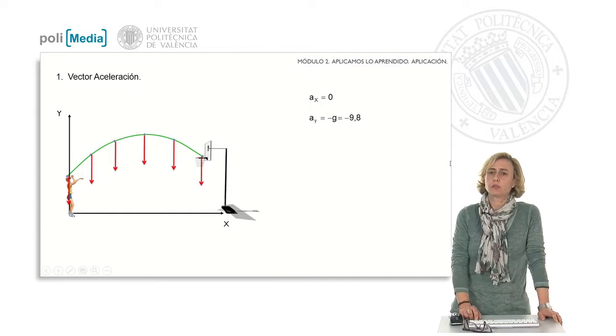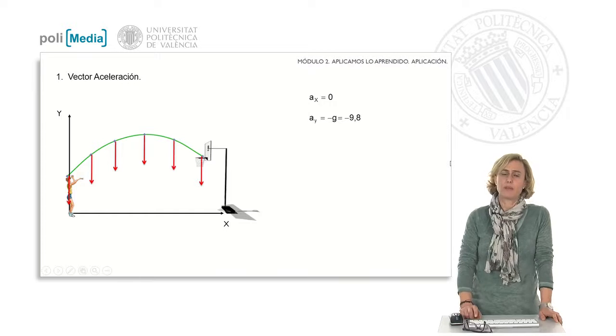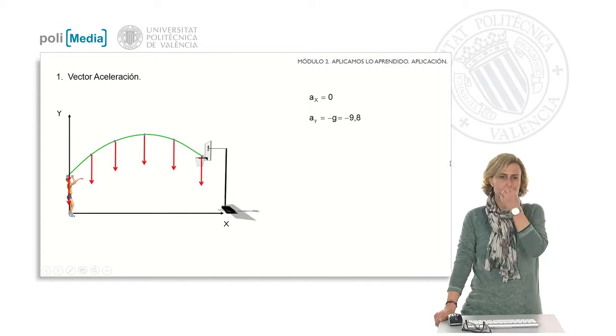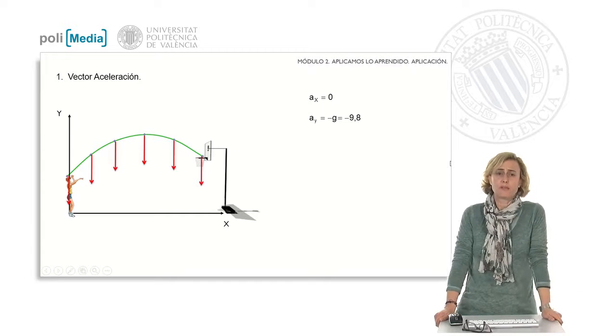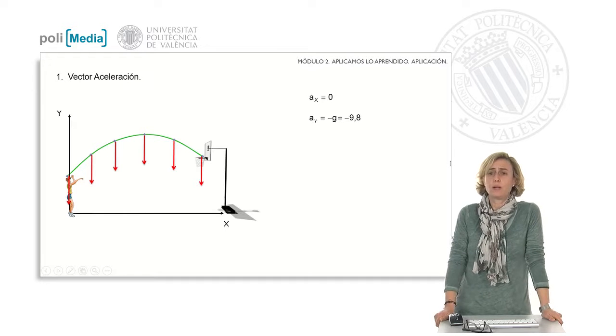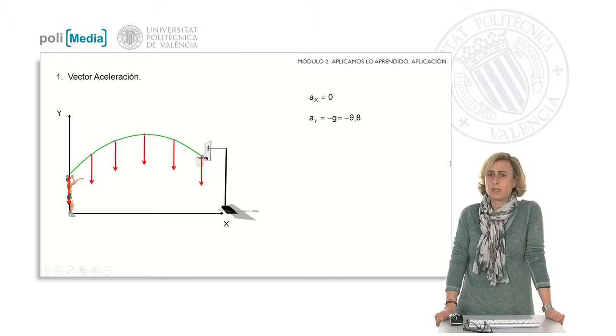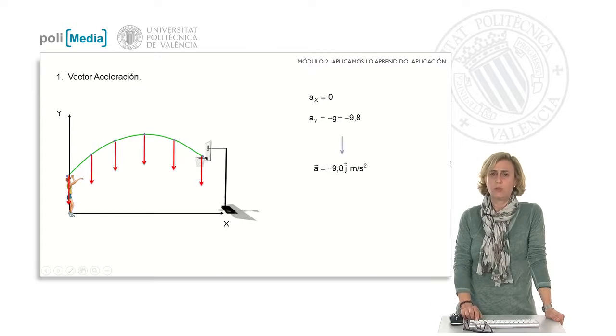Well, the first thing we have to calculate is the acceleration vector, and for this we have to establish our reference system. We place the reference system in Jota and on the ground. With this reference frame, the movement of the ball will take place in the xy plane, and therefore, with the choice of axis we have made, a sub x will be 0, since on the x-axis the motion is rectilinear and uniform, and a sub y will be minus 9.8.